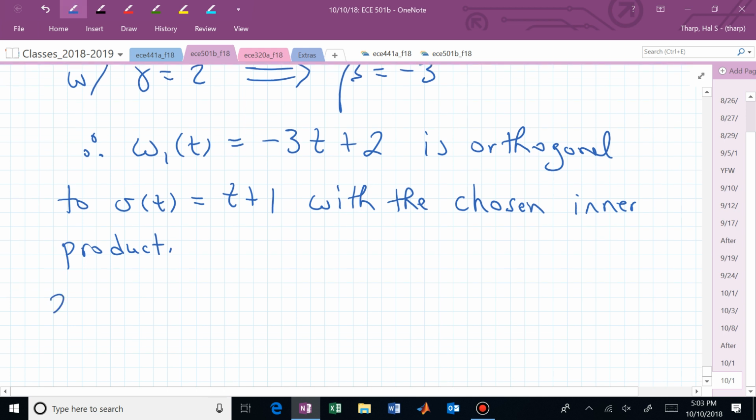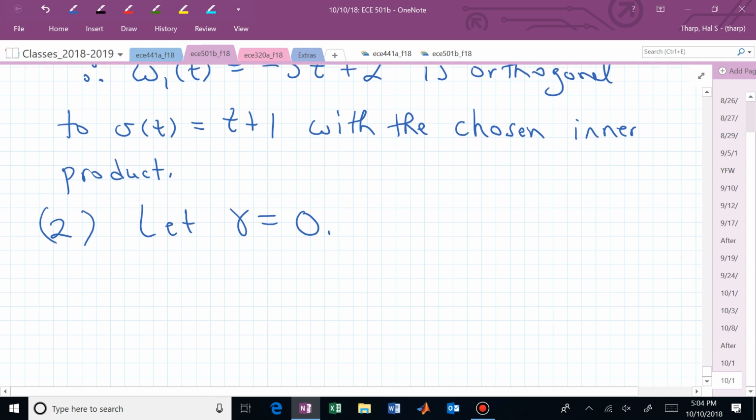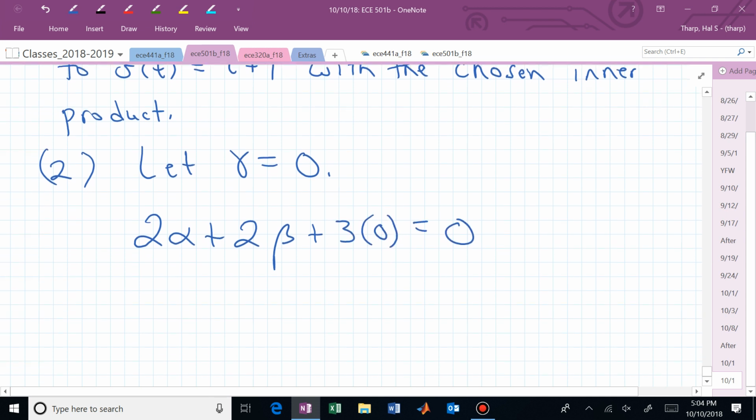Just for grins, we can find another W. Suppose now that we let gamma be 0. Now we need 2 alpha plus 2 beta plus 3 times 0 to equal 0. Or alpha now needs to be negative beta.